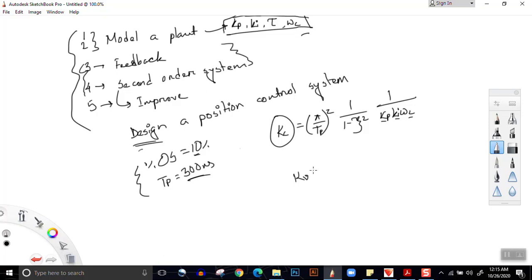How can we determine Kv? We can determine Kv from the formula 2 zeta root over Kc Ki divided by Kp omega c, minus 1 by Kp. After determining this, what do we do?